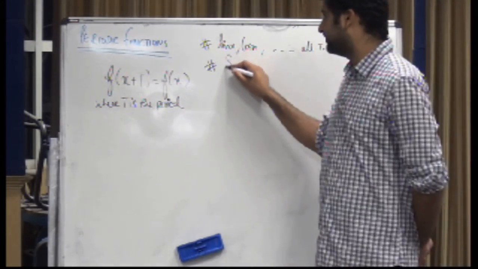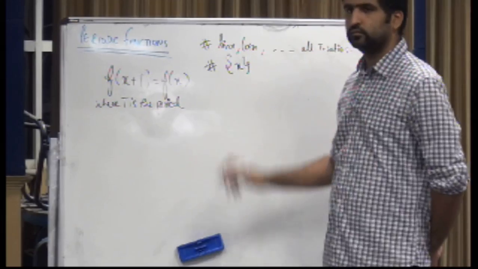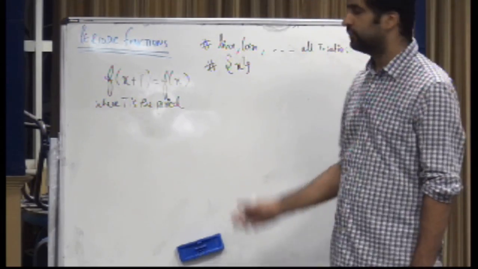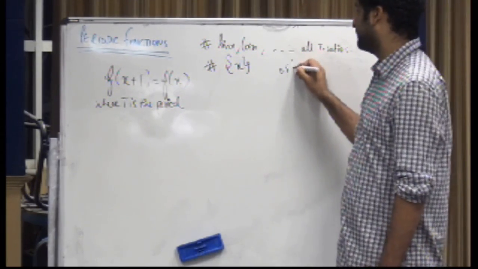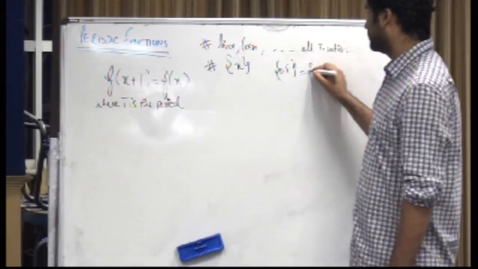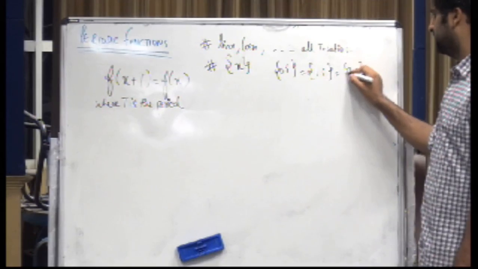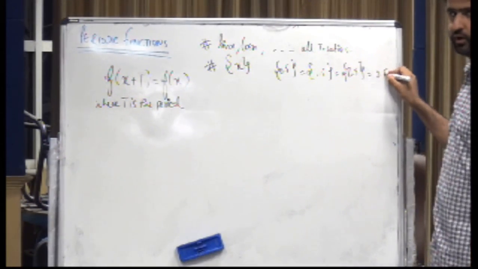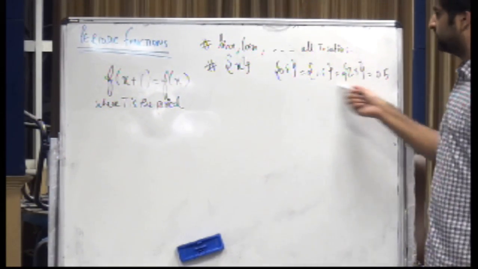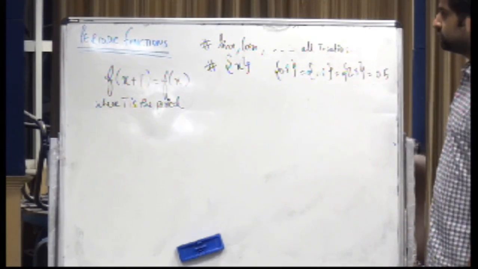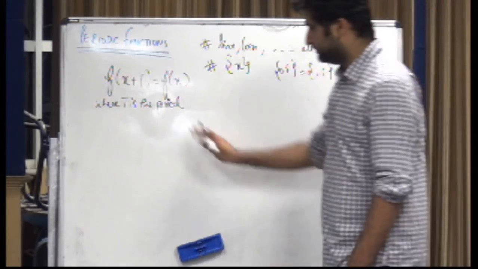Fractional part of x. Like the fractional part of 0.5 is the same as the fractional part of 1.5, which is the same as the fractional part of 2.5, which is equal to 0.5. The fractional parts of all these are the same, right?